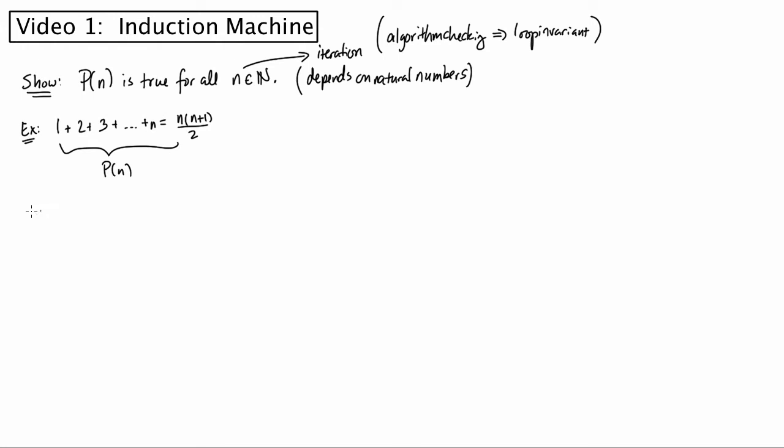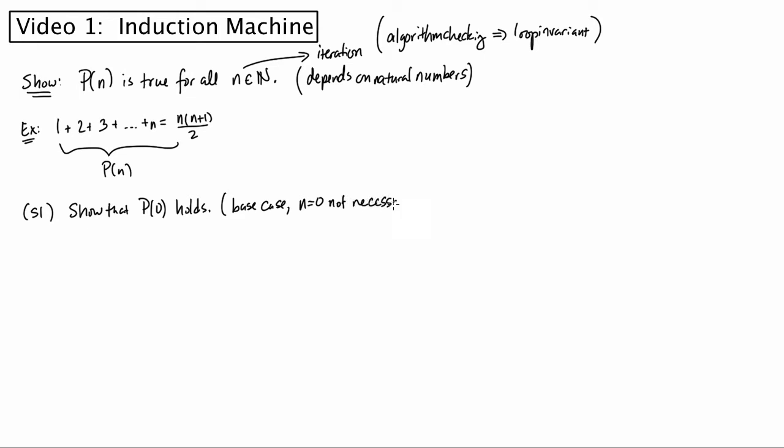So here's how we go about doing this. Step one in this process is you show that the initialization is true or holds. So show that the value for n equal to 0 holds. And in general, this is called the base case. And you don't have to start with n equal to 0.